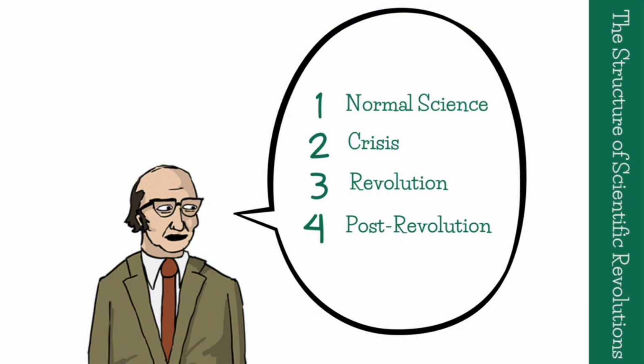Then we have a revolution, the paradigm shift, where a new theory replaces the old one. Lastly, we have a post-revolution. The new paradigm becomes a framework for normal science again until the cycle repeats. This cyclic nature of science, with long periods of stability interrupted by sudden revolutions, is one of Kuhn's most influential ideas.